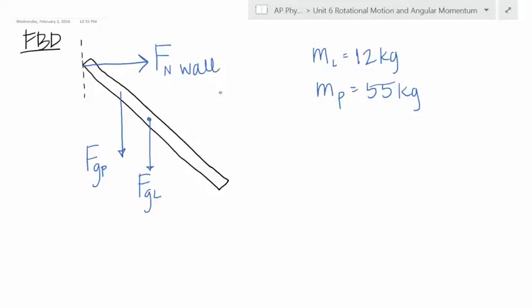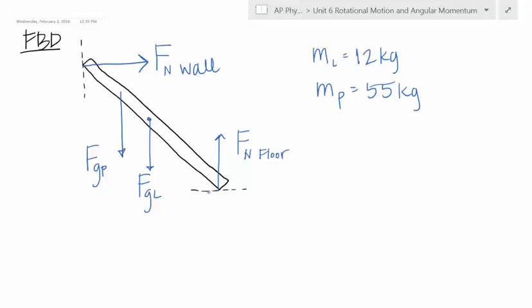Okay. Then down here, the floor, and I'll put the floor here. The floor is doing two things. The floor is holding up the ladder with a normal force from the floor, as well as applying a frictional force to the bottom of the ladder, holding it from sliding.